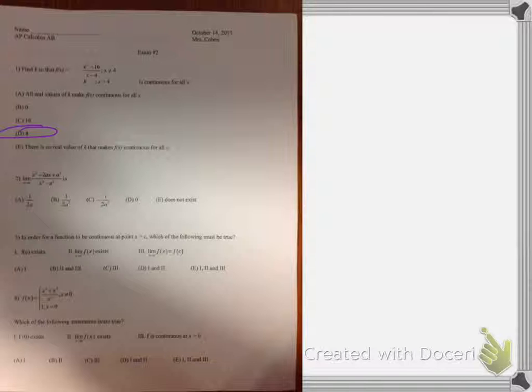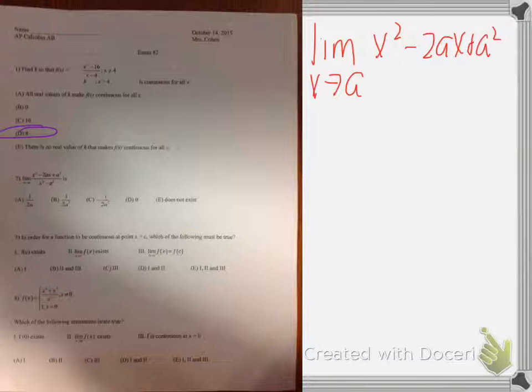Okay, now moving on to question number 2, and this was a limit problem as x approaches a. I cannot substitute a in there for x because then I'll get a squared minus a squared, which will give me 0.